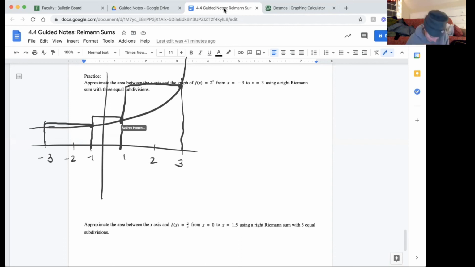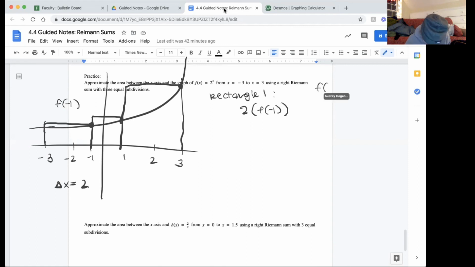Okay, so now we know delta x is equal to the width, which is 2. And then the heights are going to be the right endpoint. So the right endpoint of rectangle 1 is going to be f of -1. So rectangle 1's area is going to be 2 times f of -1. f of -1 equals 2 to the -1 equals 1/2.